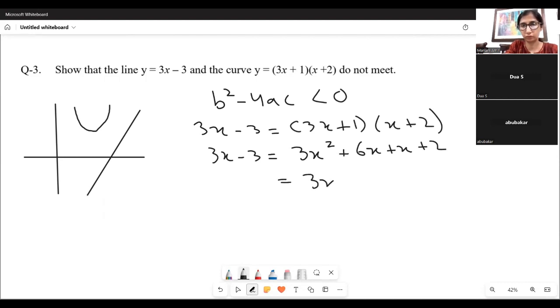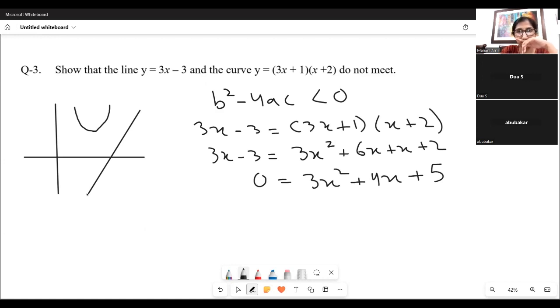We have 3x square plus 7 and then minus 3 would be 4. And minus 3 goes to the other side, becomes plus 5 after being added with 2. So this is the quadratic equation that we're getting.